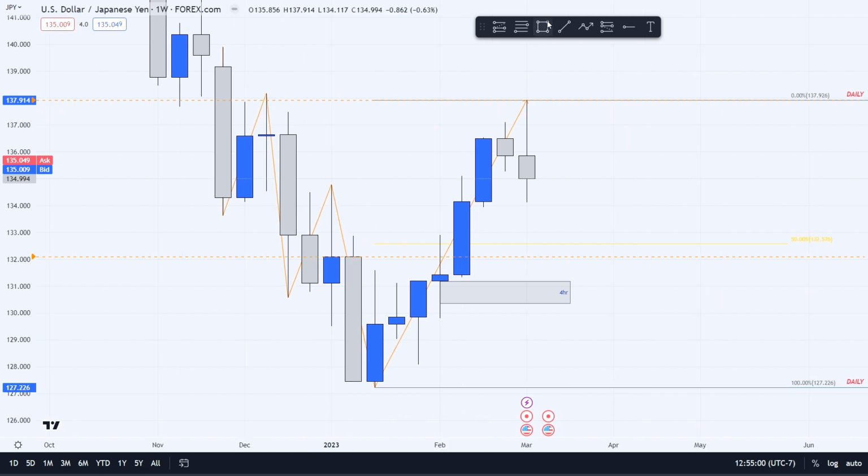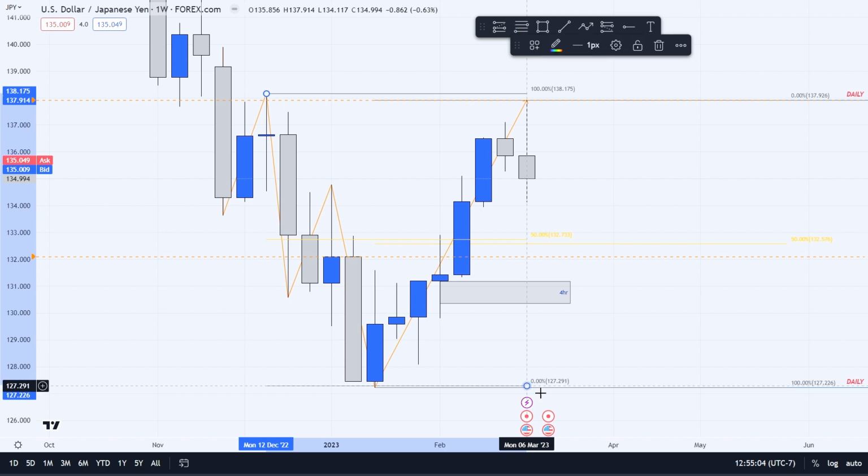So let me use the fib. So I used the fib on this high because it obviously broke this high. And so since we still looking for a downtrend, I'm going to use this high for my fib and then look for my supply and demand zones within the 50% zone of that. So obviously that's up here.